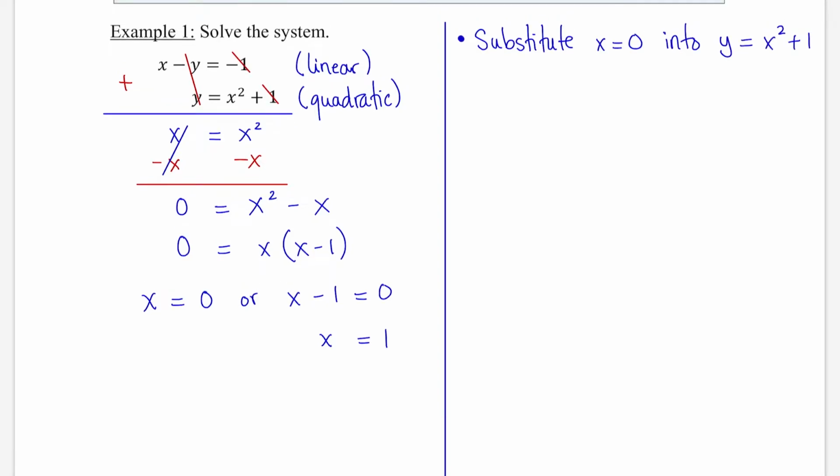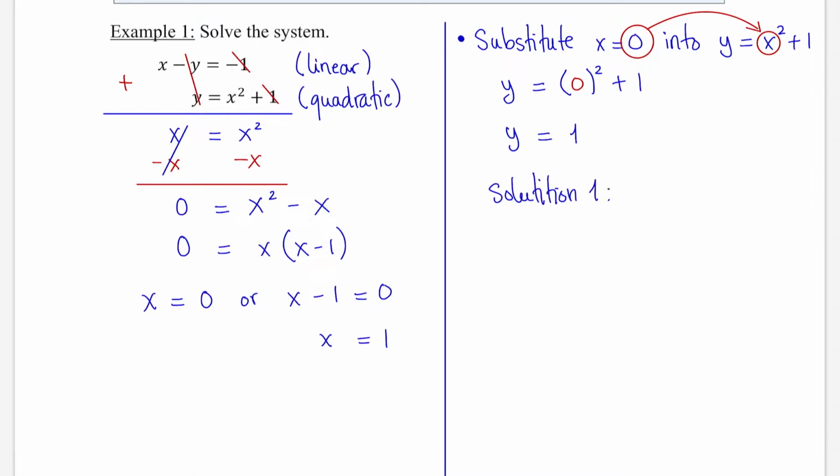I substitute x equal to 0 into the equation, and I have y equals 0 squared plus 1, which is 1.